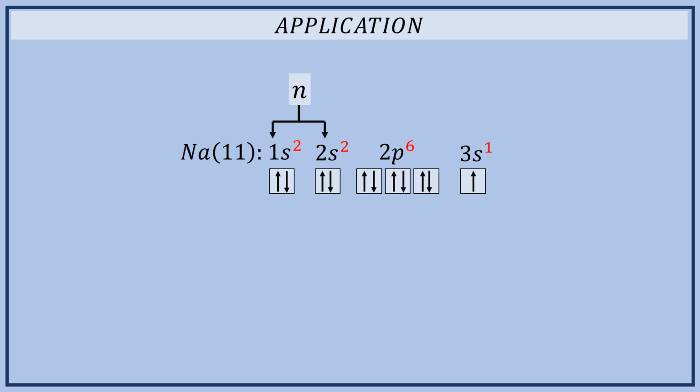Okay, so 1 represents the K shell of an atom, 2 represents the L shell of an atom. This is how we distinguish the shell of an atom. Okay, so electrons belonging to different shells can be known by indicating its principal quantum number.